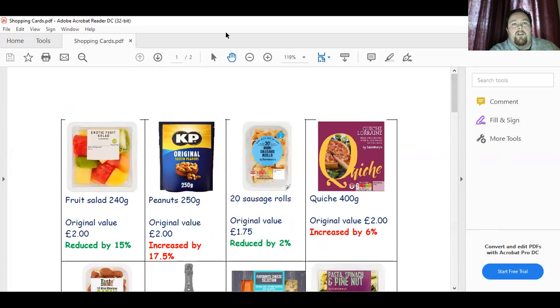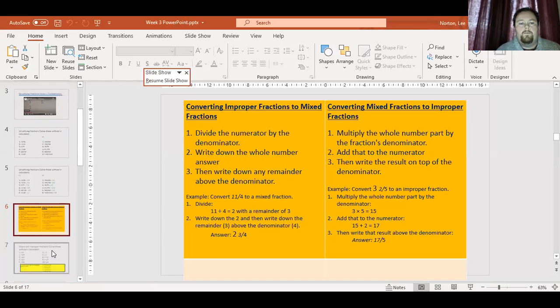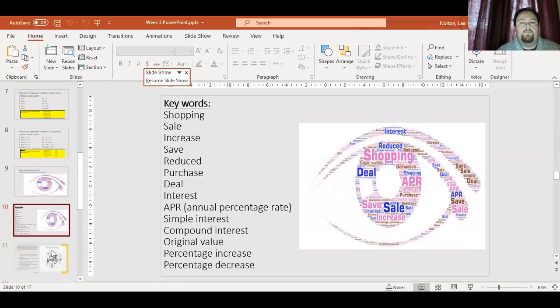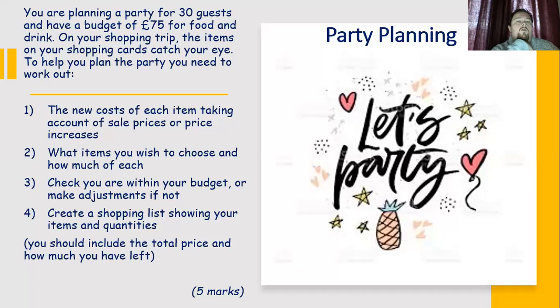So remember, 4 tasks you're doing. So find the costs of each item. Write what items you wish to choose and how much.